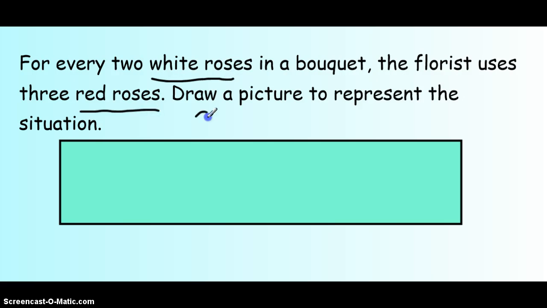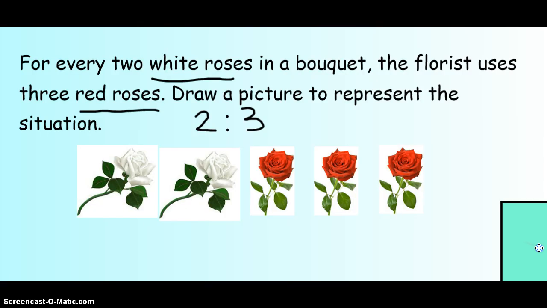We have 2 white roses compared to 3 red roses. So to draw a picture to represent the situation, I want you in your notebooks to draw 2 white roses and 3 red roses. And here is a picture of my comparison of 2 white roses to 3 red roses.